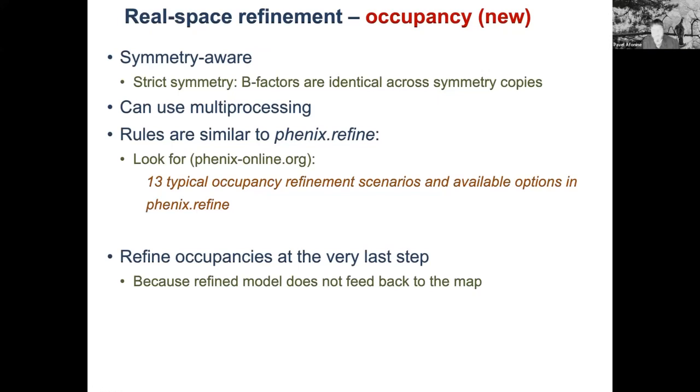You have partially occupied sites, you have sites that are shared by different chemical entities, and so there are many scenarios. What's available in real space refinement is similar to what's available in Phenix reciprocal space refinement. I don't have time to go into details about it, but if you go to phenixonline.org, there will be a newsletter article describing 13 typical occupancy refinement scenarios and available options in Phenix Refine, and the same applies to real space refinement.